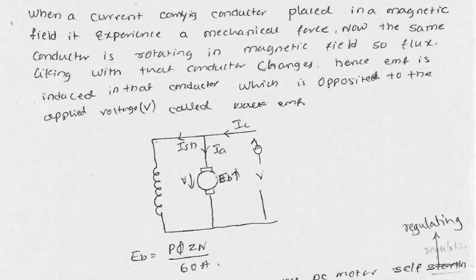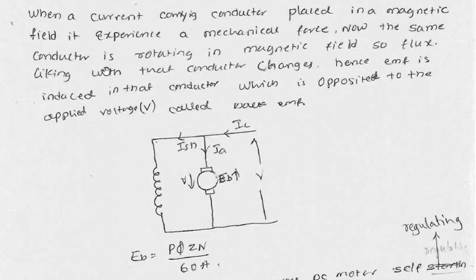You can see this is the applied voltage. This is an example of a DC shunt motor. This is the applied voltage V, and back EMF is produced in a direction which will counter the applied voltage. This is very important: the back EMF makes a motor self-regulating. We will see what self-regulating is.